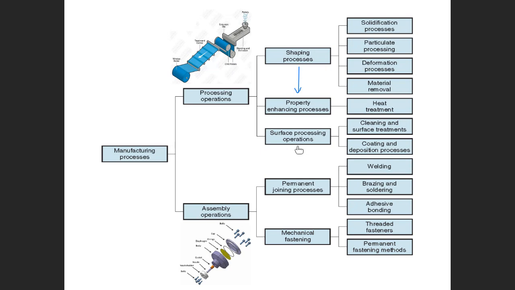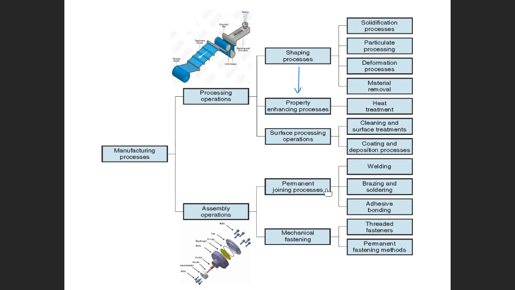Right. And the next item is assembly. We have permanent joints and we have mechanical fastening processes. Permanent joints are like welding, brazing, and adhesive bonding, and all categories of welding. When you do welding, we call it a permanent joint because it is very difficult to disassemble again after the welding process.